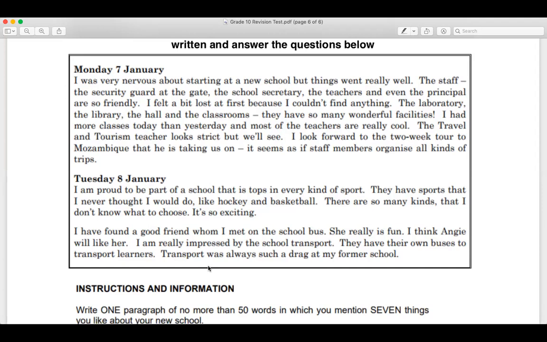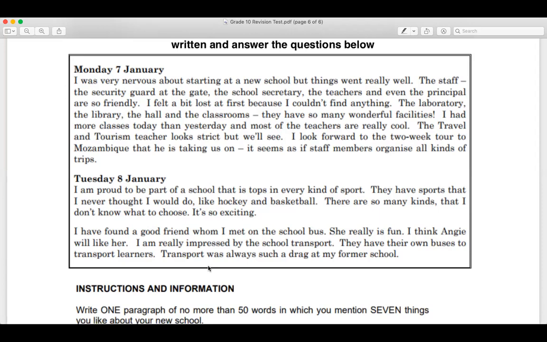How well do you condense? How well can you condense?